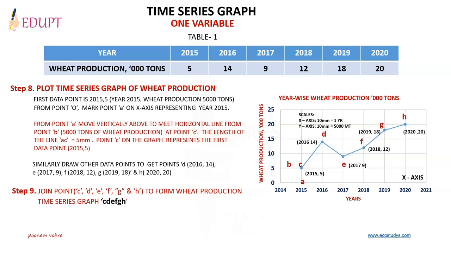Then is point F representing 12,000 tons. And point G representing 18,000 tons, and the last point H representing 20,000 tons of wheat production in these years. By joining points C, D, E, F, G, and H, one gets a time series graph. Since only wheat production is shown here, it is a one variable time series graph.